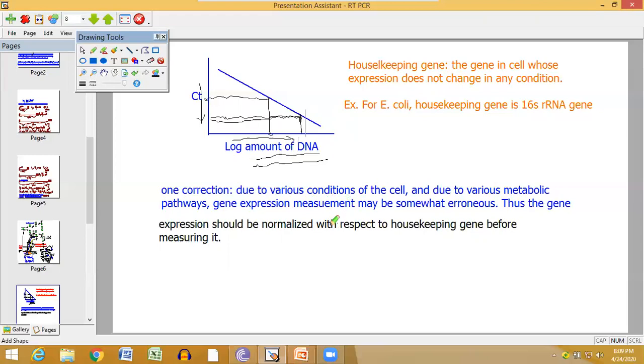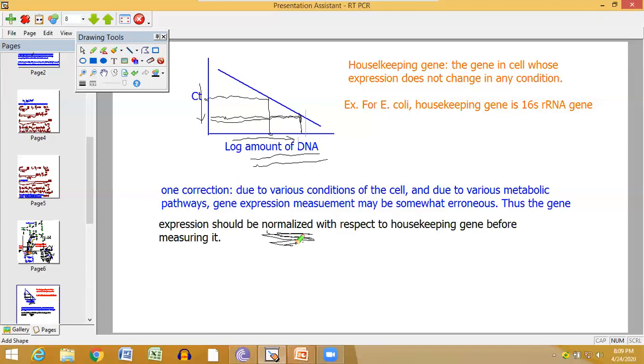If you adjust the gene expression with respect to the housekeeping gene, this is called normalization. That correction factor comes, and the erroneous reading taken by the researcher, the scientist, or the doctor is nullified.